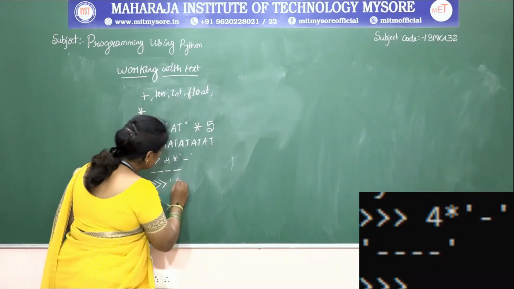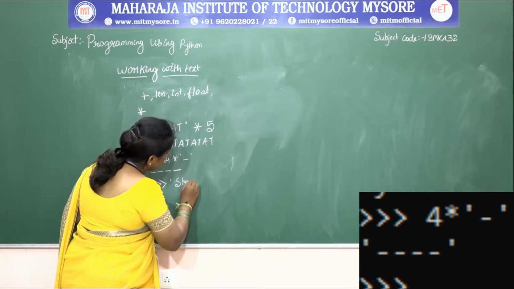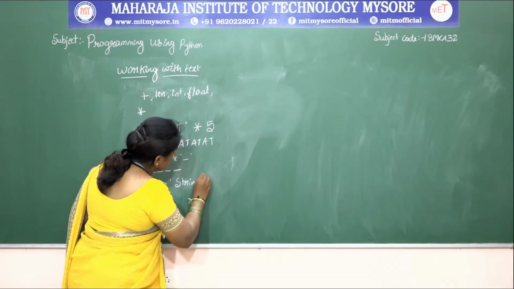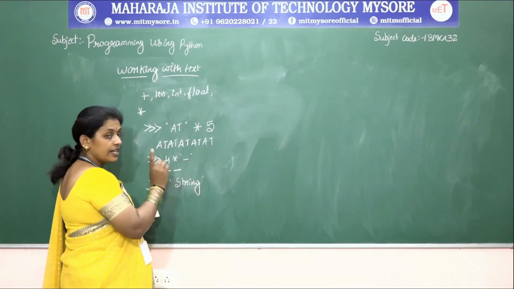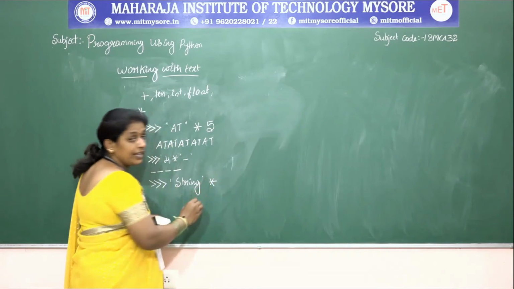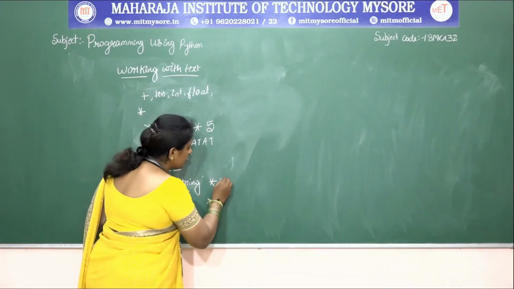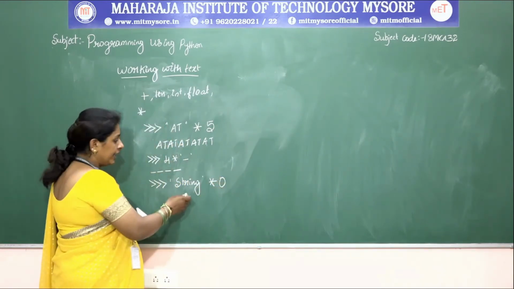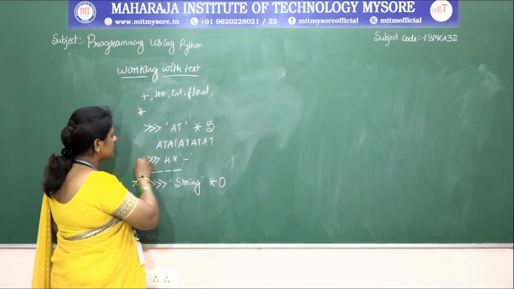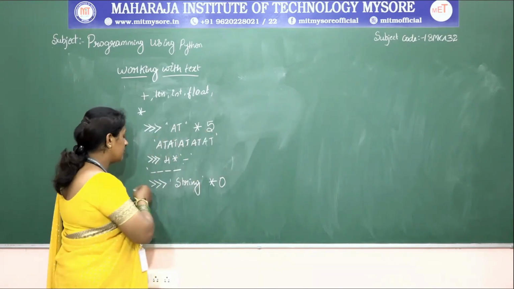Let us give one more example. It is a string, and the string will be multiplied with the value 0. Sorry, I have missed the quotes.